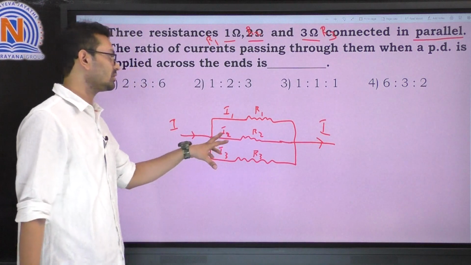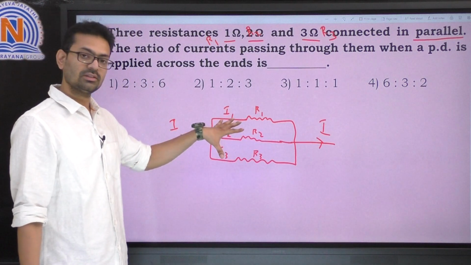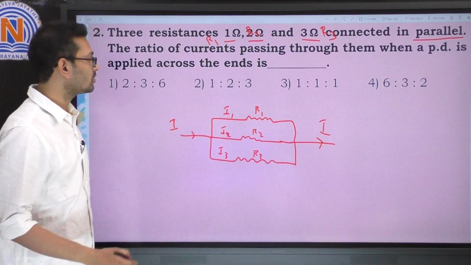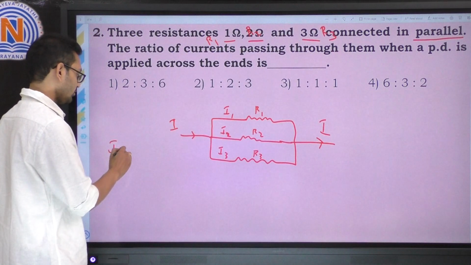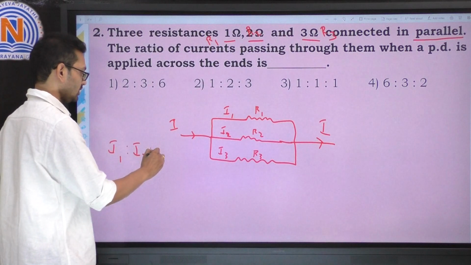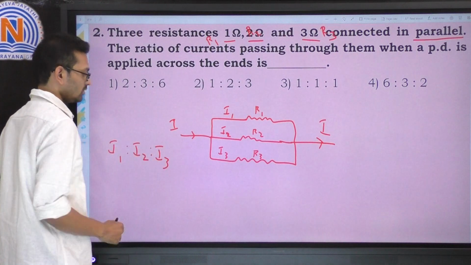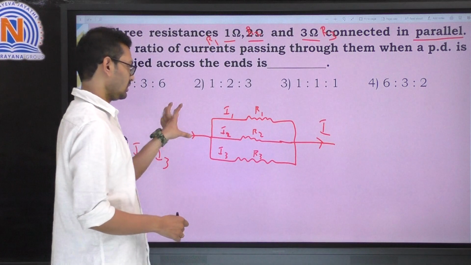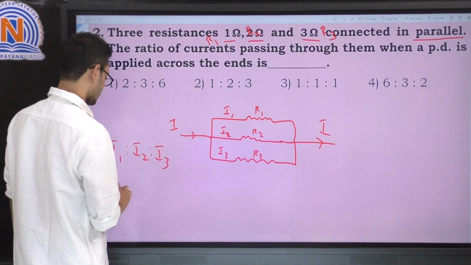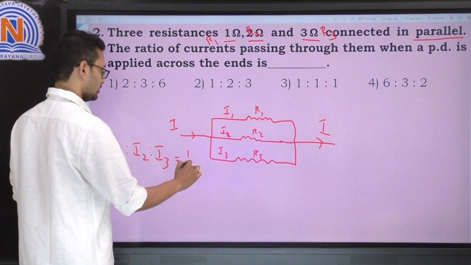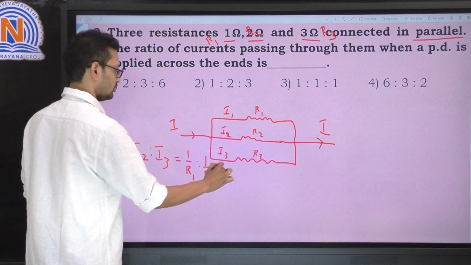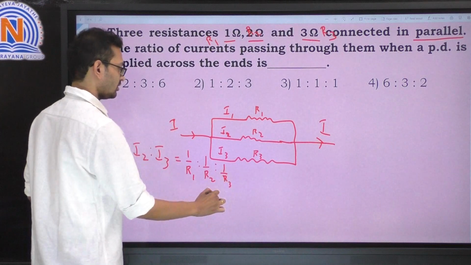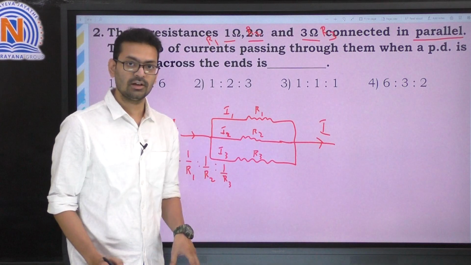Now you have all the resistances in parallel. When I want to relate I1 is to I2 is to I3, I would like to relate it like this: it equals 1 by R1 is to 1 by R2 is to 1 by R3, because all of them are in parallel.